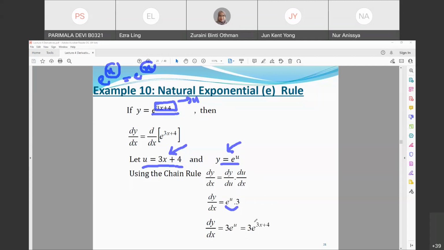Then the final answer, we replace back our u here, we get 3x plus 4. Okay. Kenapa kita guna chain rule? Sebab kita tahu bahawa eksponen x dapat eksponen x sahaja. So kat sini kita jadikan dia more simplest thing, which is eksponen u dapat eksponen u juga. But we produce this u ni kat sini. So that's why we use chain rule. Okay. Okay ke?